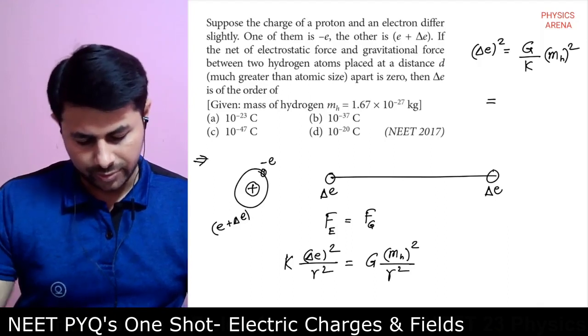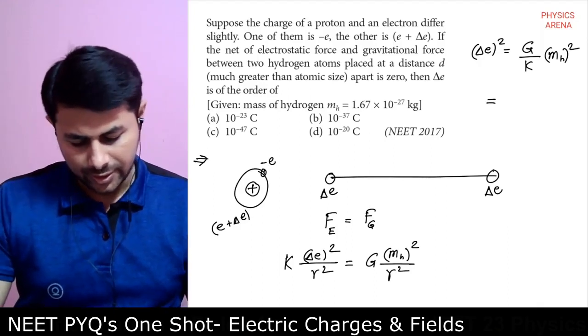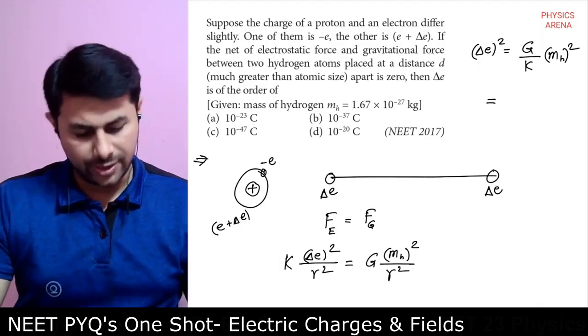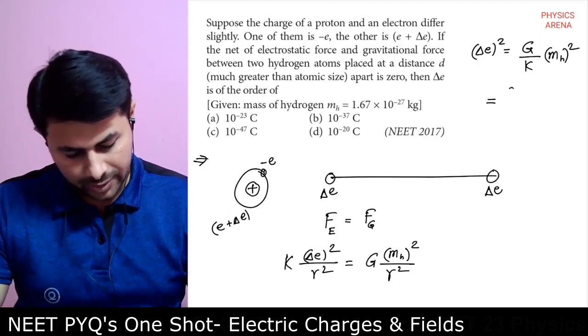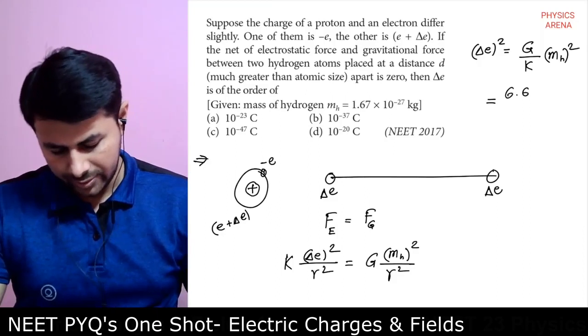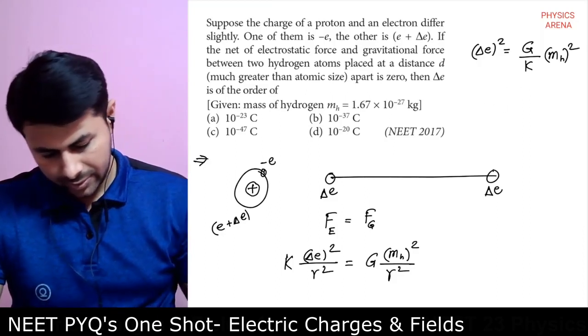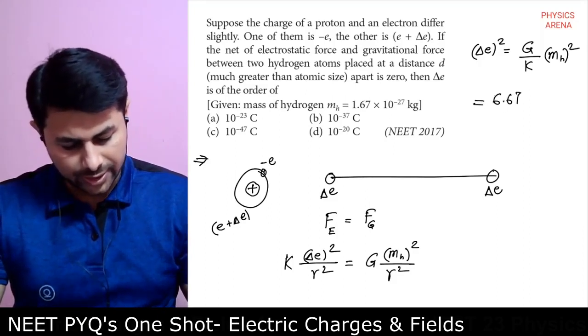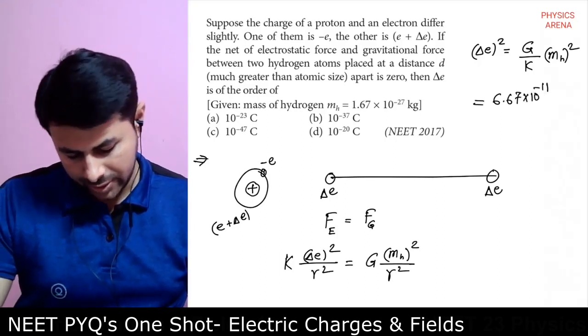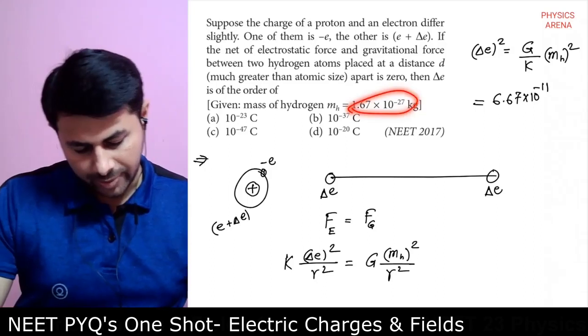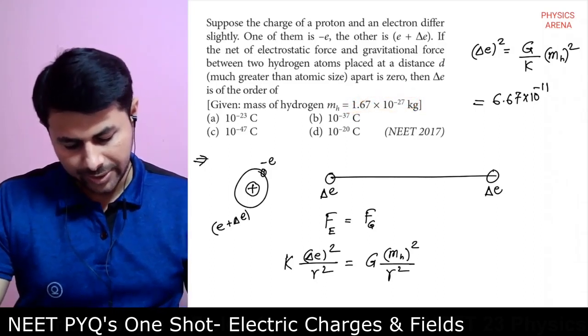So what is G? The value of G is 6.67 multiplied by 10 raised to minus 11. The mass of hydrogen is 1.67 multiplied by 10 raised to minus 27.